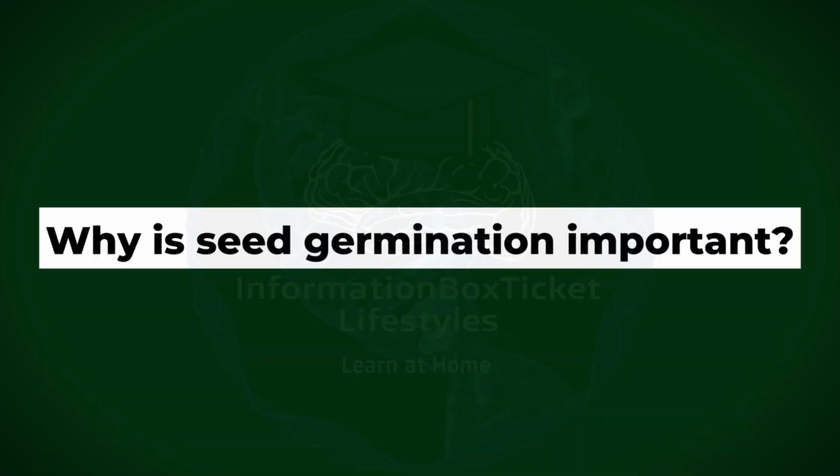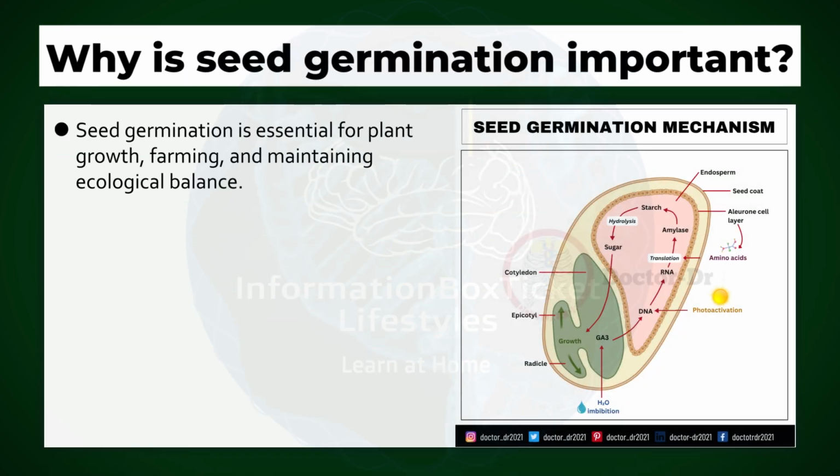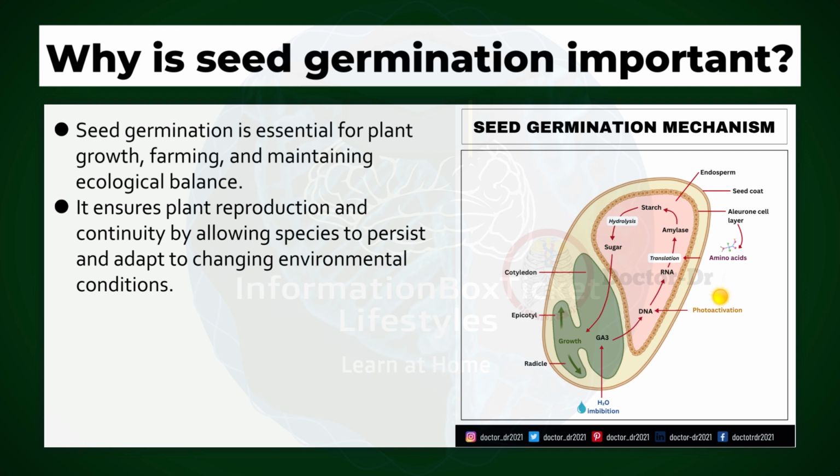Why is seed germination important? Seed germination is essential for plant growth, farming, and maintaining ecological balance. It ensures plant reproduction and continuity by allowing species to persist and adapt to changing environmental conditions.